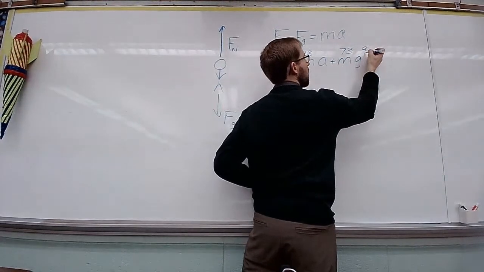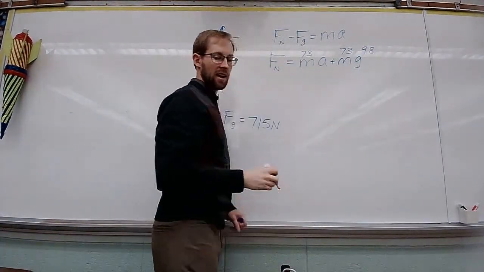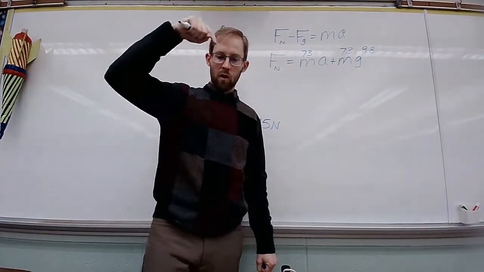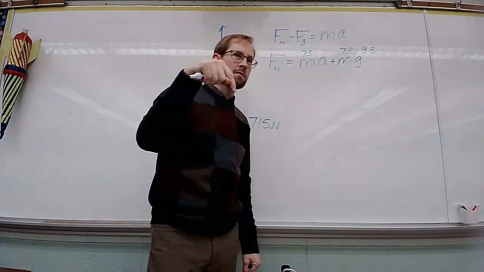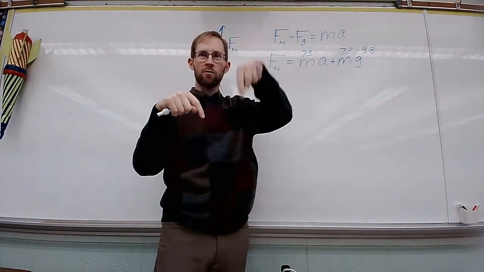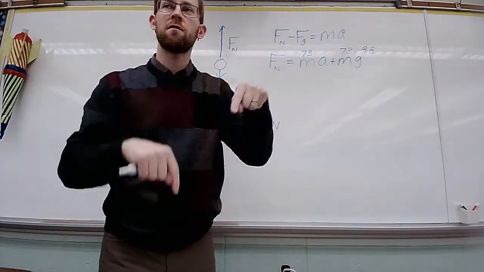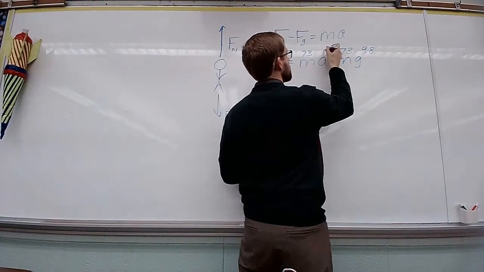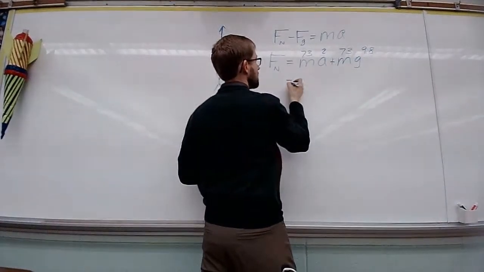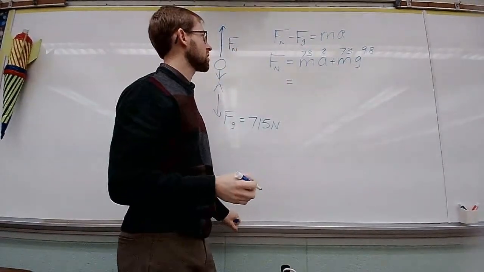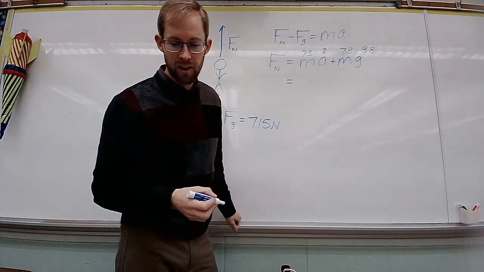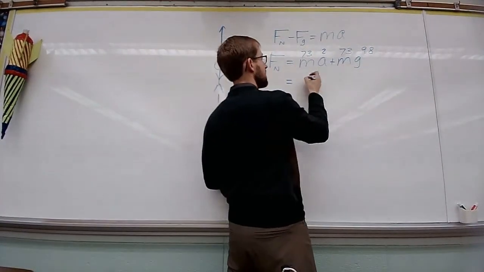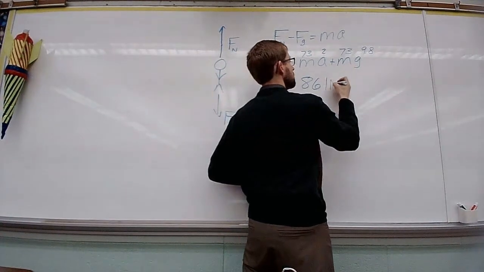Gravity is 9.8. And acceleration, we are descending, so that's negative. And we are slowing down, so that's also negative. Two negatives make a positive. Therefore, my acceleration is a positive 2. So when you plug all those numbers in, you're going to get your normal force, and that's going to be equal to 861 newtons.